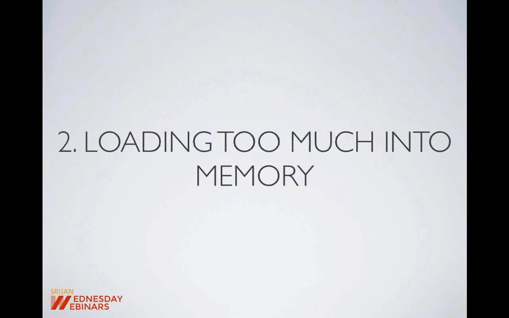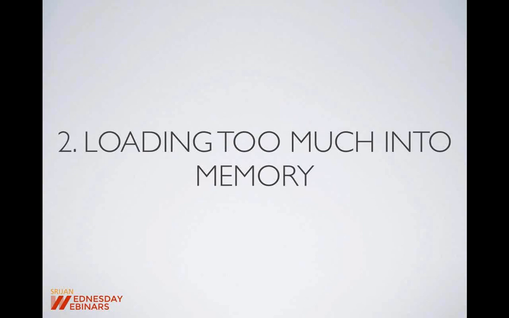Another problem that we can run into is loading too much into memory at the same time. I've had this problem before, where instead of having the database sort things, you try and sort it yourself, or I've taken a list and then grabbed a random thing out of it. But you can actually do random sorting in your database. You can sort in your database. You can group by things in your database.